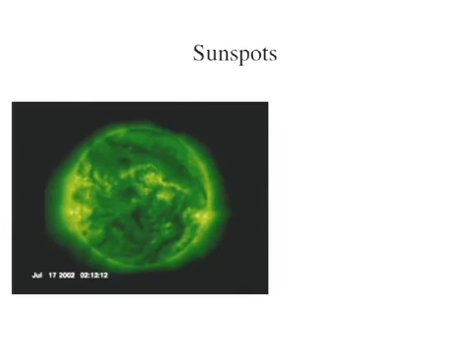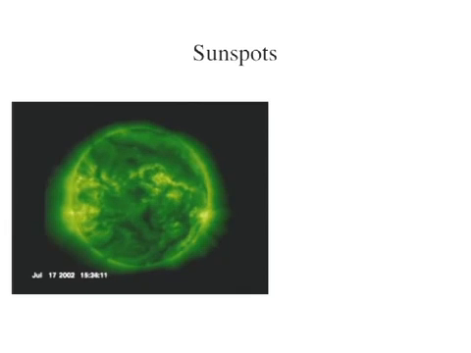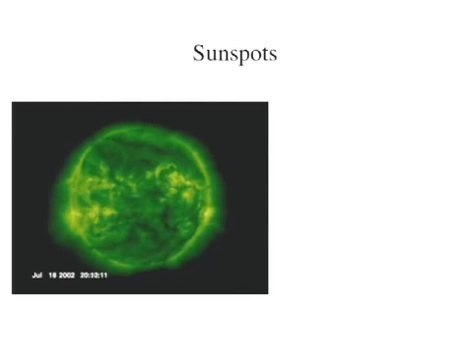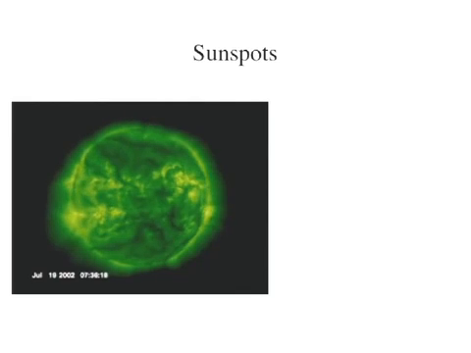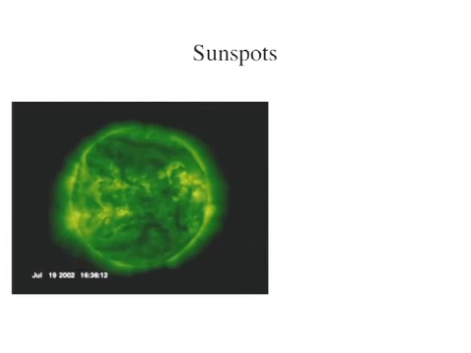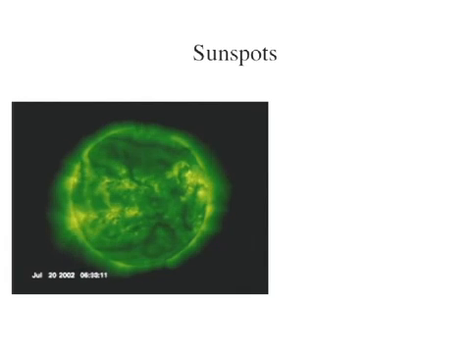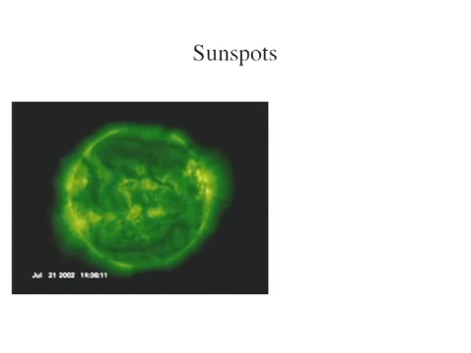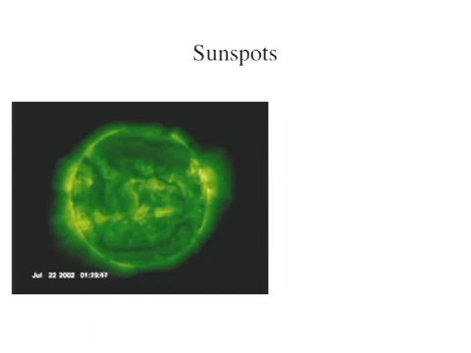Remember, this takes 25 days to rotate entirely, so this is sped up. Here, it's boiling once in a while, bubbling here. A little flare. The sun's not too active right now.